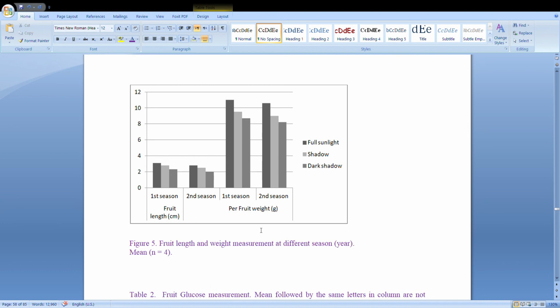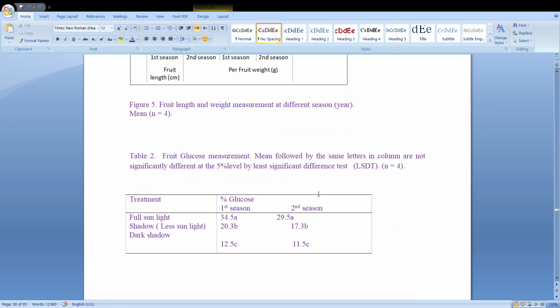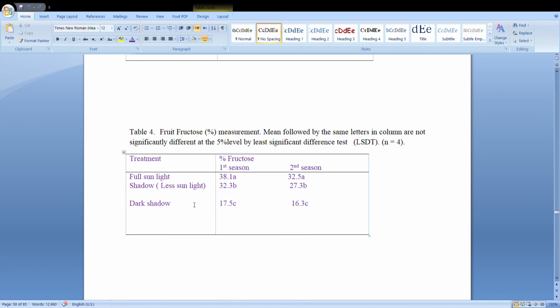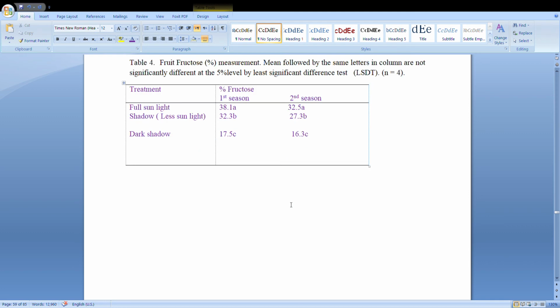Fruit length and fruit weight are also higher in full sunlight, then shadow and dark shadow. Here, inverted sugar is higher in full sunlight, then shadow and dark shadow. Fructose is also the same, higher in full sunlight treated fruits, then shadow and dark shadow.